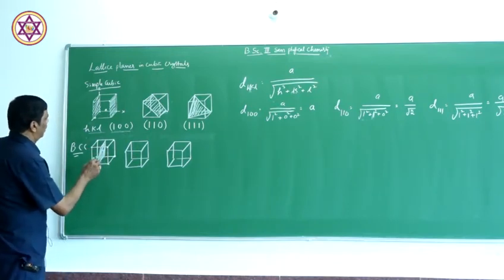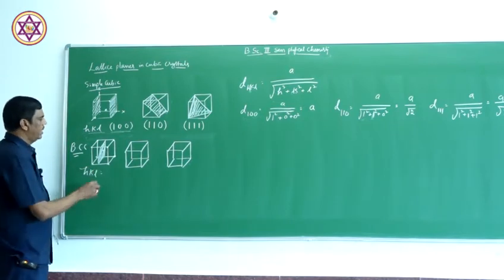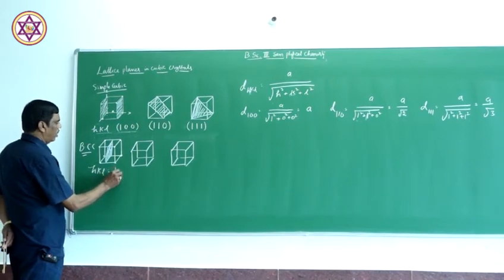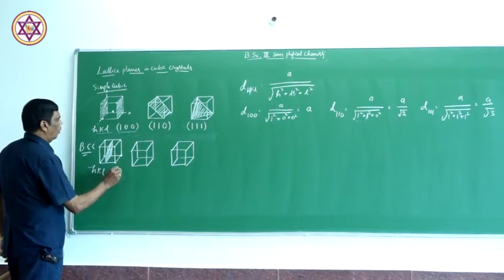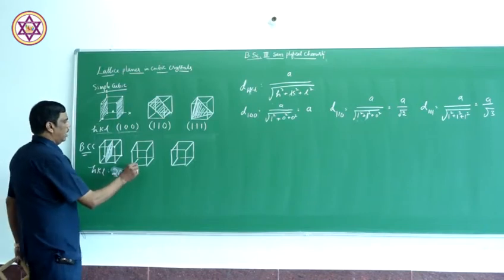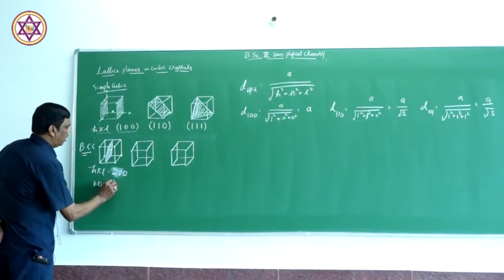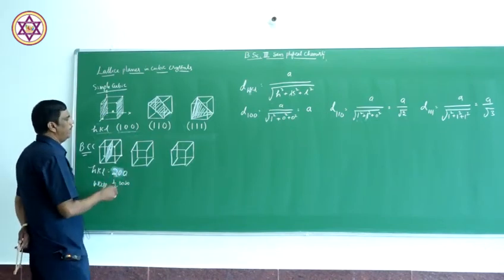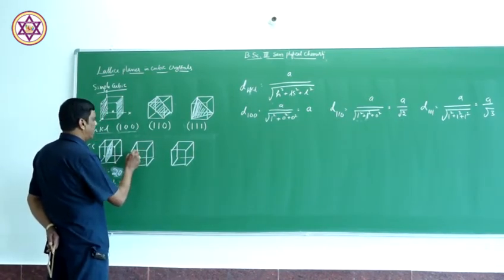Therefore, the Miller indices are 200, and the intercepts are half, infinity, infinity. That is one plane.